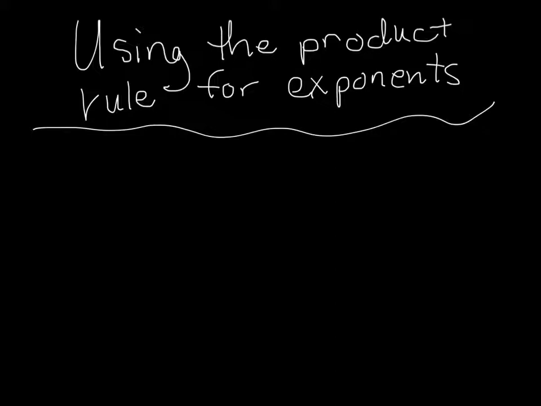For today's lesson, we're talking about performing operations using exponents. So, I guess I should start with talking about exponents again for a minute. If I were to show you 3 squared, what does that mean?